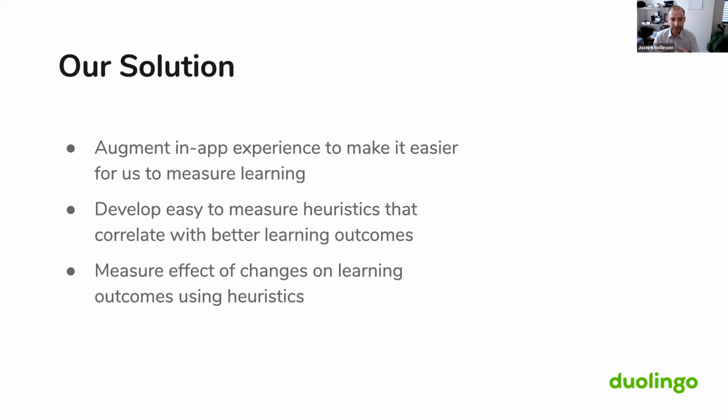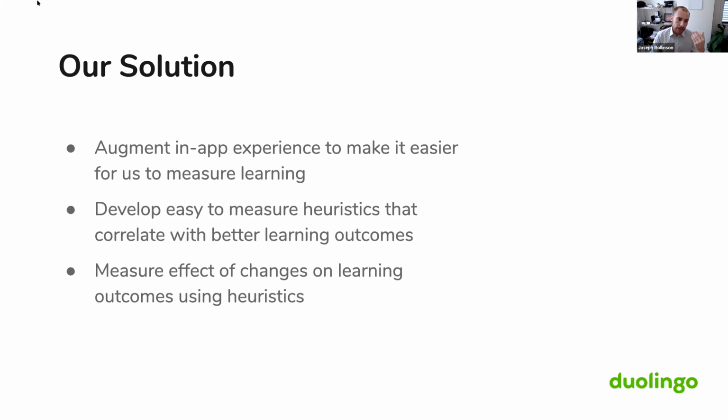We then develop easy to use heuristics that we find correlate with better learning outcomes, and then use these heuristics to measure the effect of changes on learning outcomes. So these three stages have been extremely influential for our success at measuring learning outcomes.